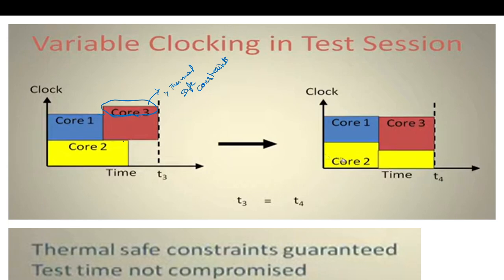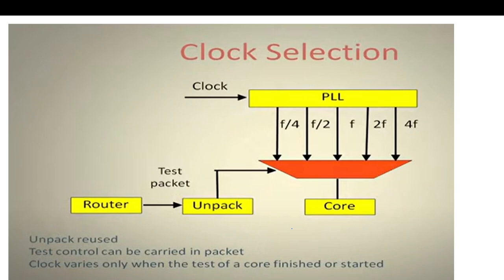For that case, we can reduce this and run it with a lower frequency and shift this portion to core 3. That is done here. The timing is equal, T4 and T3 are equal, but the thermal safe constraints are guaranteed and test time is not compromised.